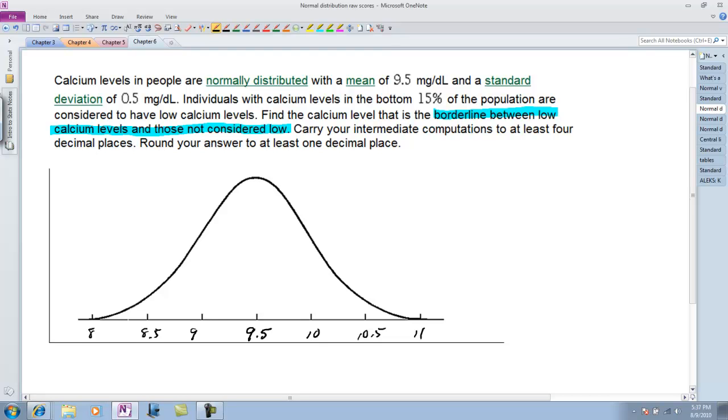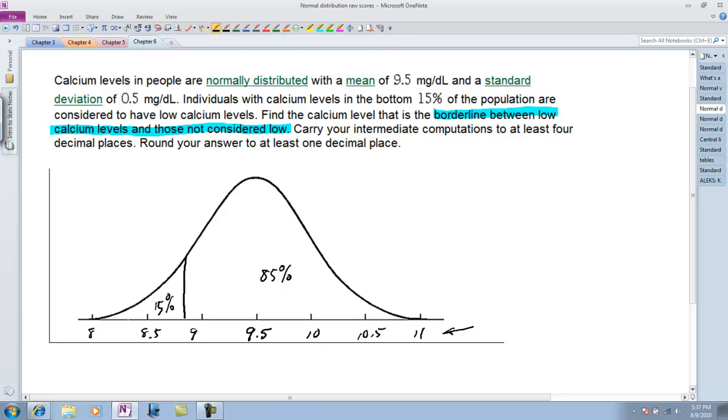Somewhere in here there is a line which, if I drew it vertically, would cut off 15% over here and 85% over there. There's a z-score that does that, and there is a calcium level that does that, because this is not in terms of z yet, right? We haven't standardized this. So there is a calcium level that cuts off 15% of the population. 15% are below that. Our goal here is to find it.